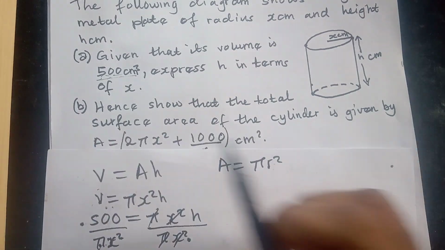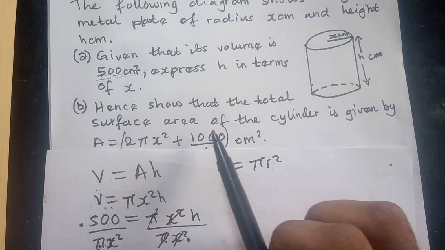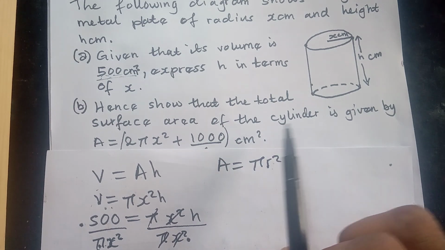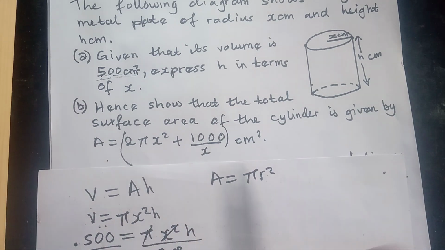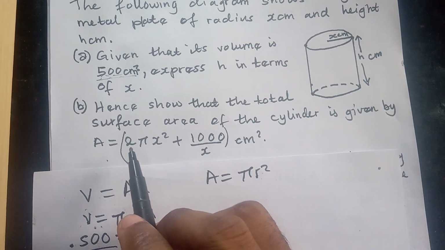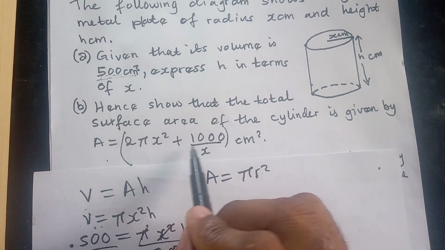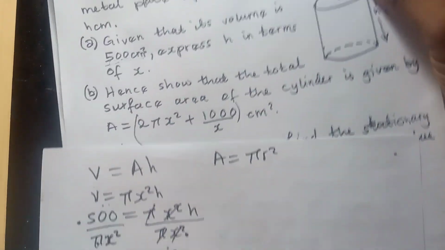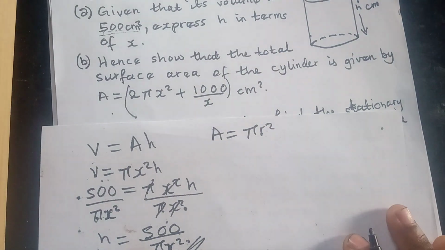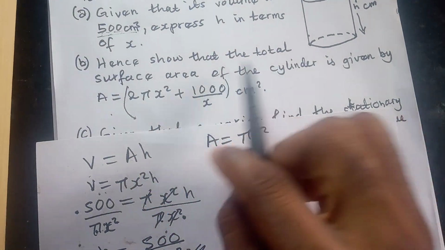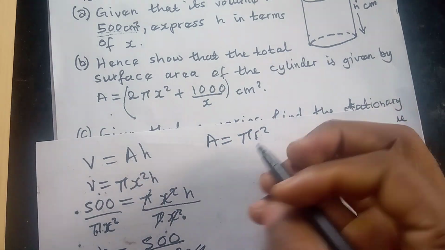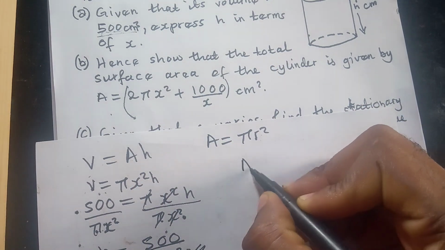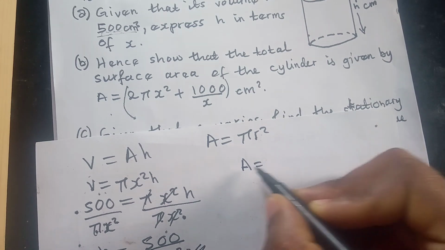And then hence show that the total surface area of the cylinder is given by A is equal to 2 pi x squared plus 1000 over x. So to do this, we're talking about the total surface area, normally denoted as A in additional mathematics.